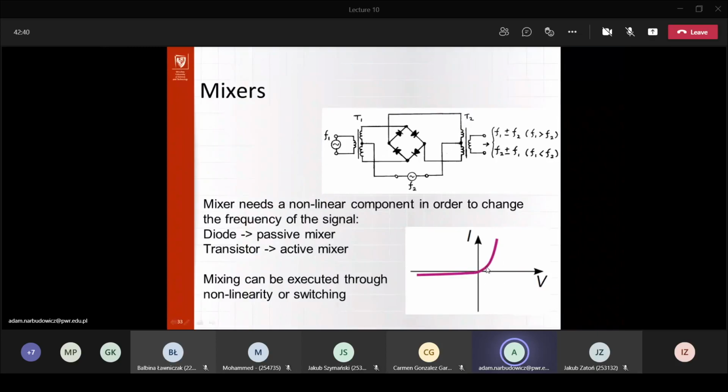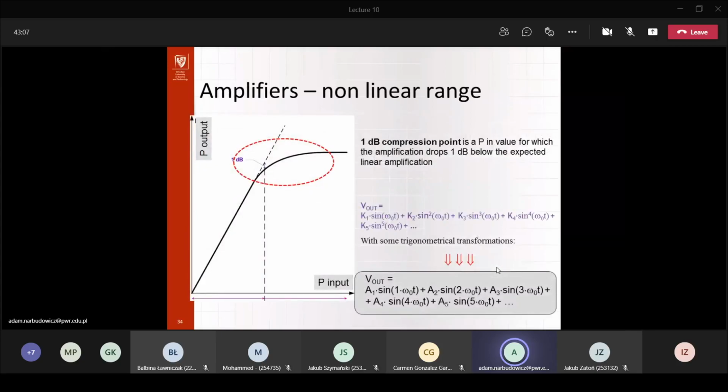So we really want to be around this nonlinear region, and because of this nonlinear region, we are generating, you could call them, intermodulation products, which would be at the sum and difference of the two of our signals.